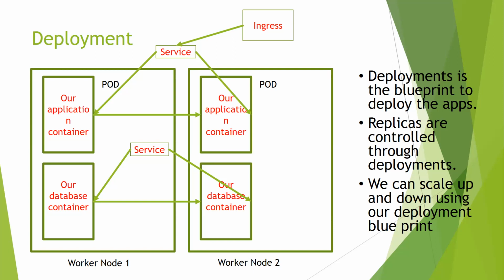Deployment is our configuration file. It's the blueprint in which we define this will be our pod name, this will be our service, we have this many replicas, and so on. Through the replica set, we can change the value and scale up or scale down.